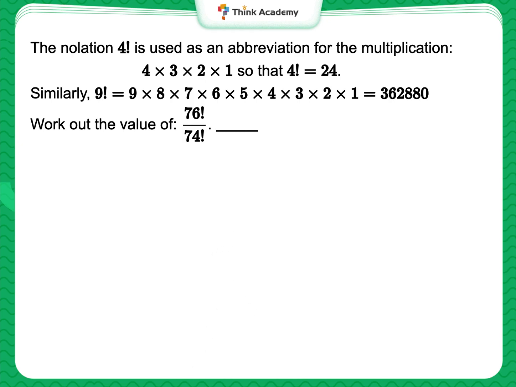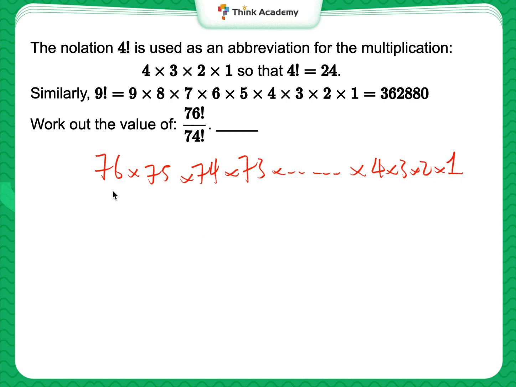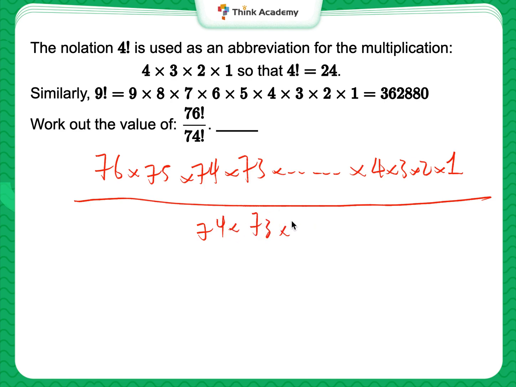So if you want to work out what is 76 exclamation mark over 74 exclamation mark, that's just going to be written as 76 times 75 times 74 times 73 all the way till 4, 3, 2, 1, over 74 times 73 times 72 times 71 all the way to 4, 3, 2, and 1.